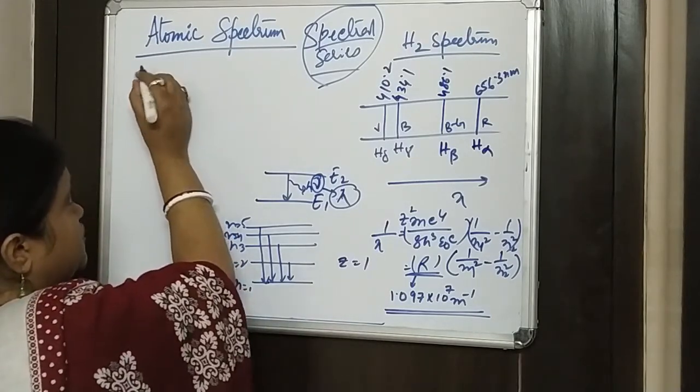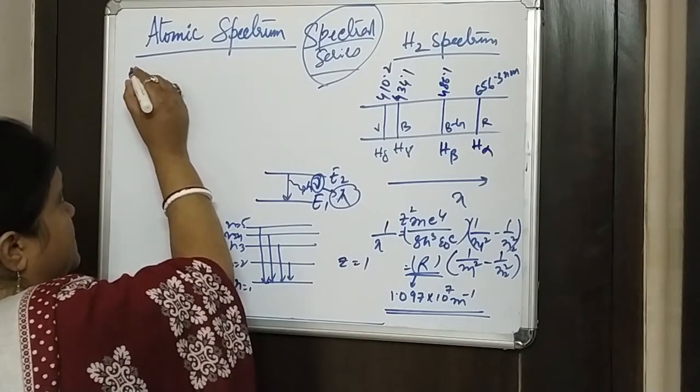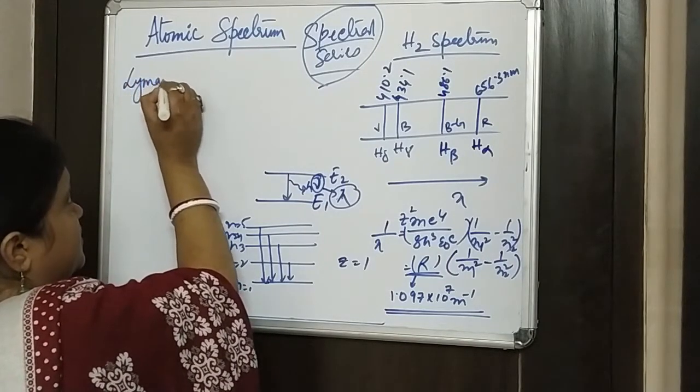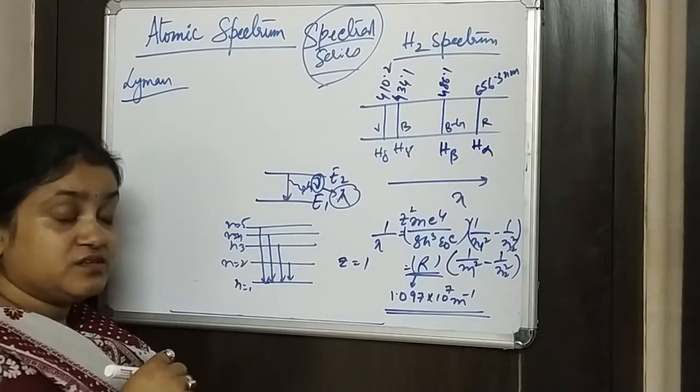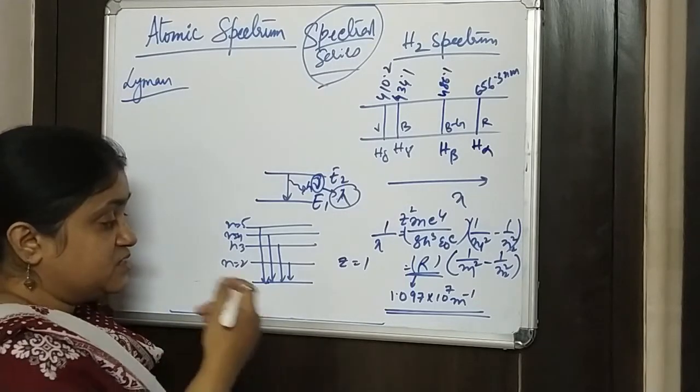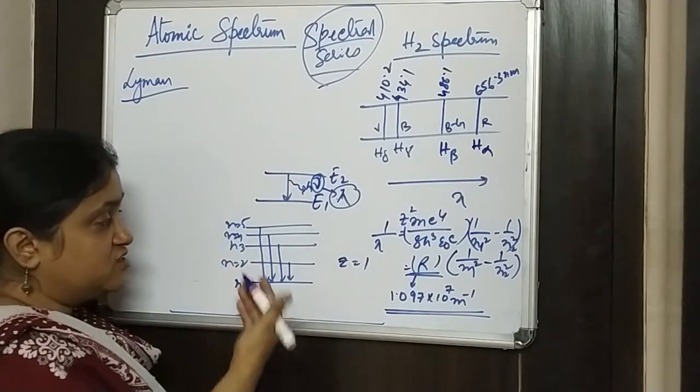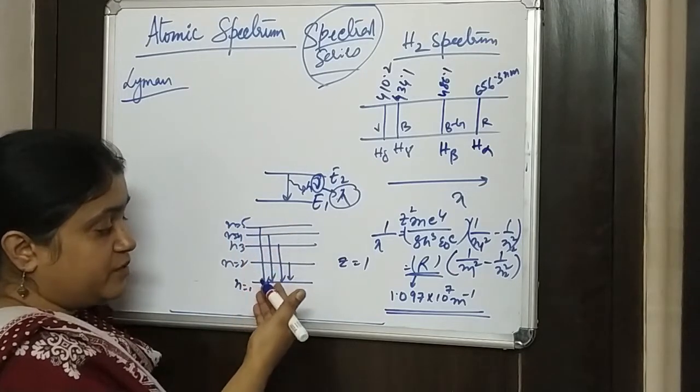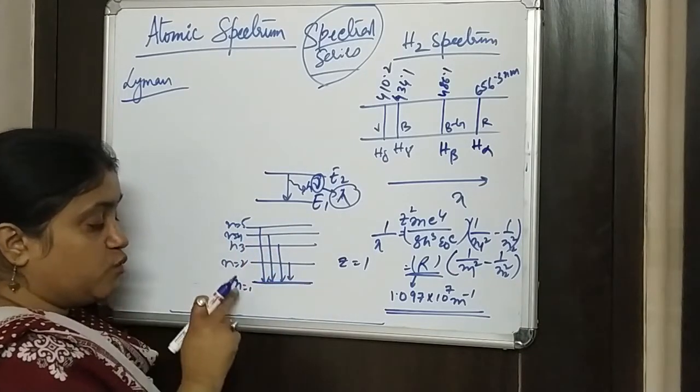Now coming to the first one, which is Lyman. The Lyman series of the hydrogen atom is whenever there is a transition from any higher orbit to n1 equal to 1.